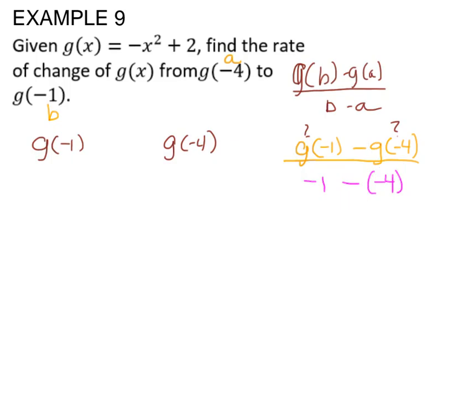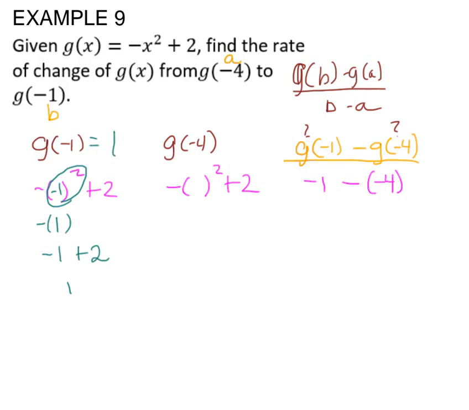So we're going to set it up. We're going to take negative something squared plus 2, negative something squared plus 2. All right, over here we're going to plug in -1. -1 squared is 1, but don't forget about the negative outside, so that's -1 plus 2 is 1. So the function of g at -1 is 1.